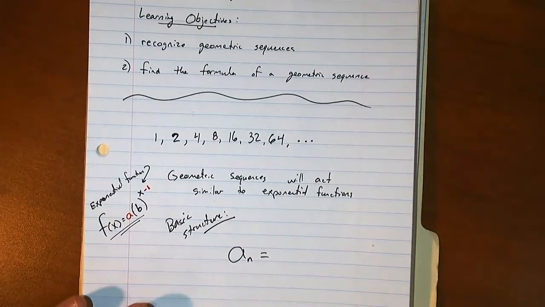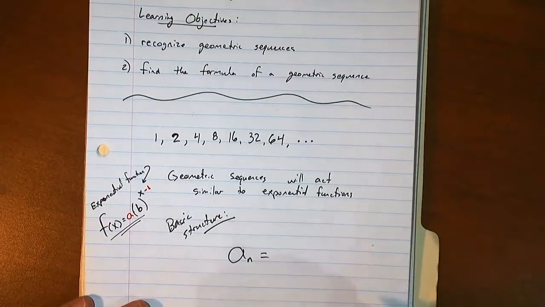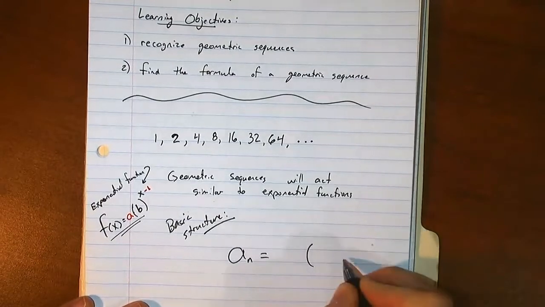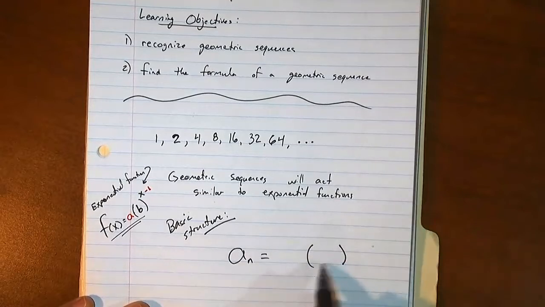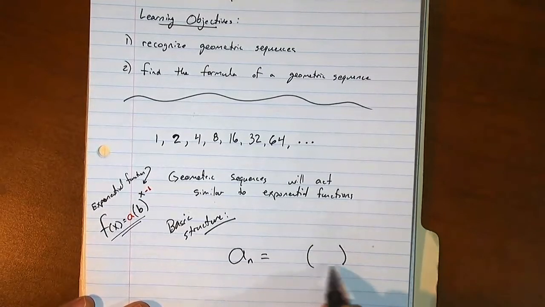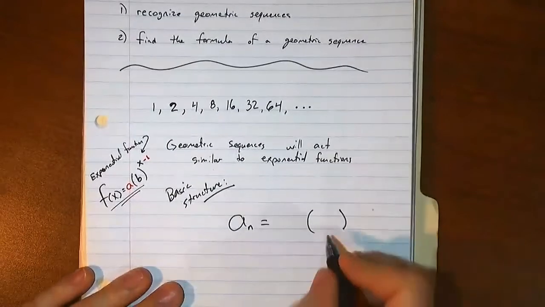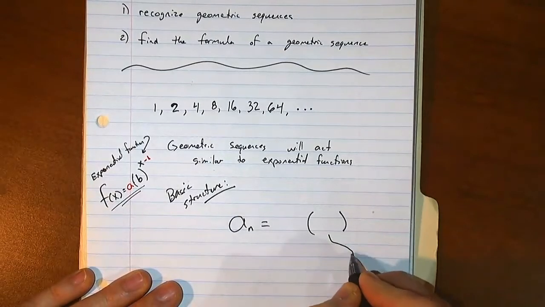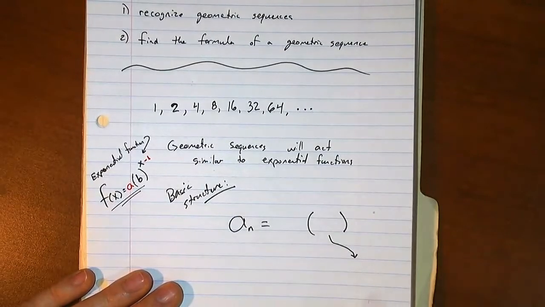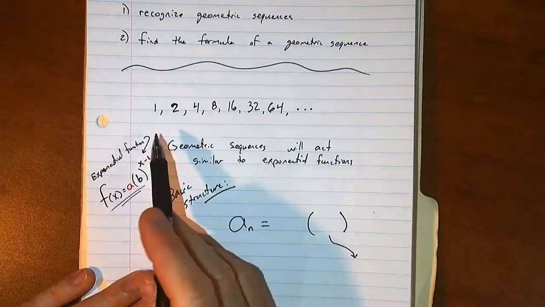All right, now, notice I'm leaving a little space here. We're going to have a basic base raised to a power. Now, the base that you have right here, the thing that's going to be raised to the power, is always going to be equal to whatever your pattern is, whatever your multiplier is.